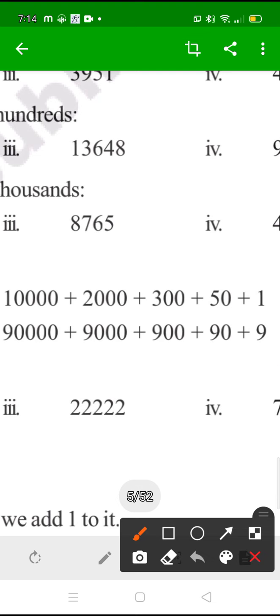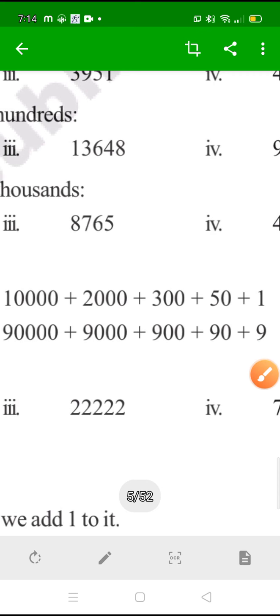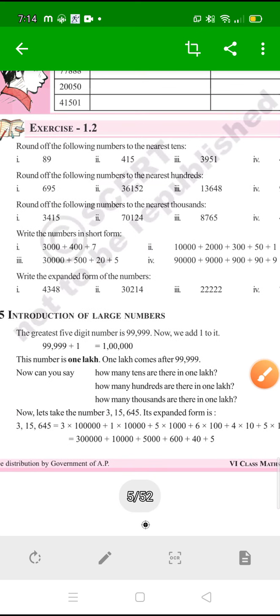Observe this one, 12,351, 99,999. Observe all this, the introduction of large numbers.